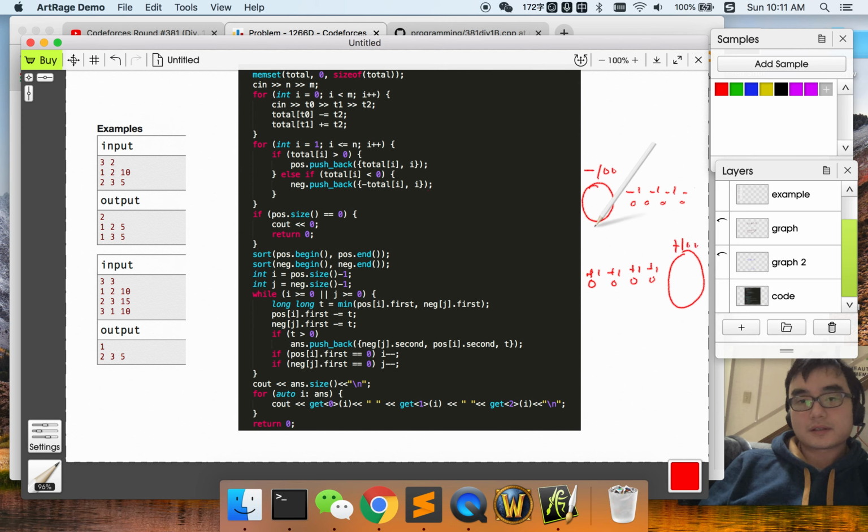If we don't sort these two queues, we may end up with these guys borrowing money from this guy, and these guys borrowing money from this guy, right? That is a lot of transactions. Instead, if we just lend money from this guy to this guy, and those small guys lend money to each other, that is a lesser number of transactions, right?